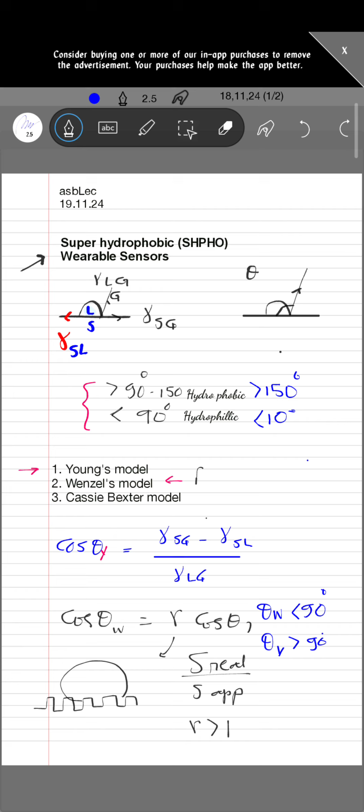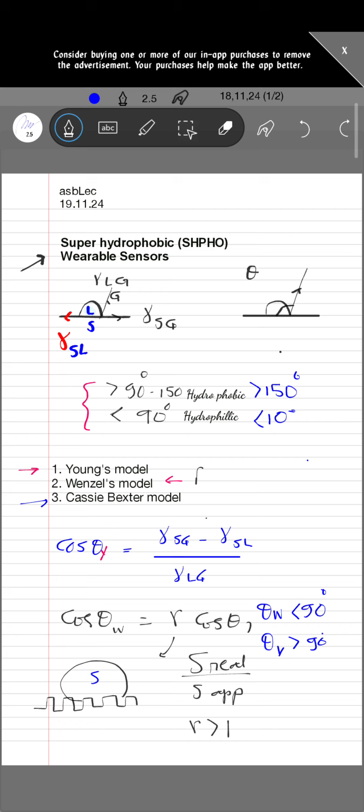Now, the third model, the Cassie-Baxter model, is based upon the concept that although the solid surface has a roughness, the liquid is not completely filling the microstructure. So there are places where there is a gap, and that gap is actually the liquid-gas surface.